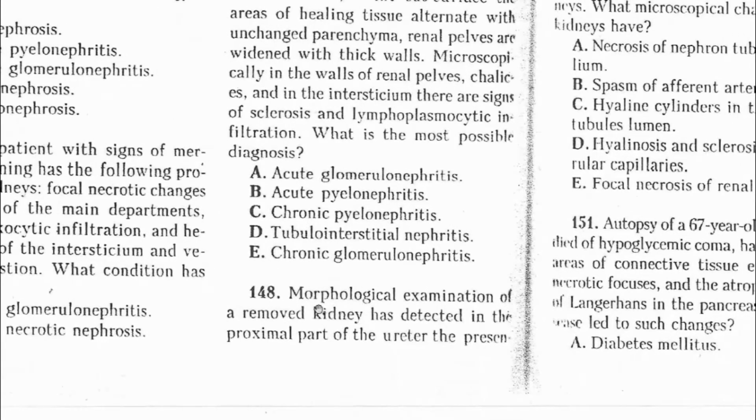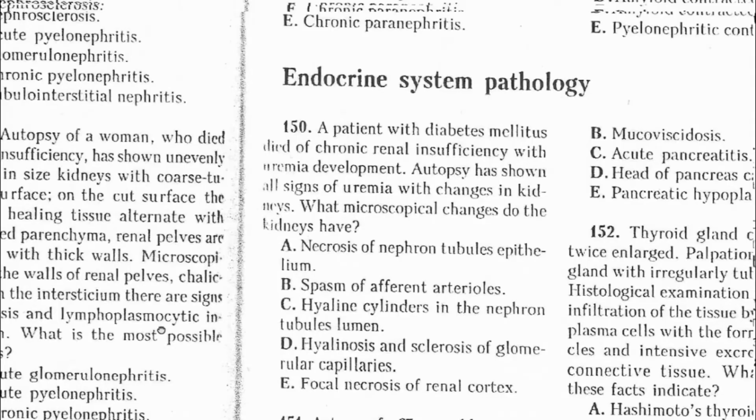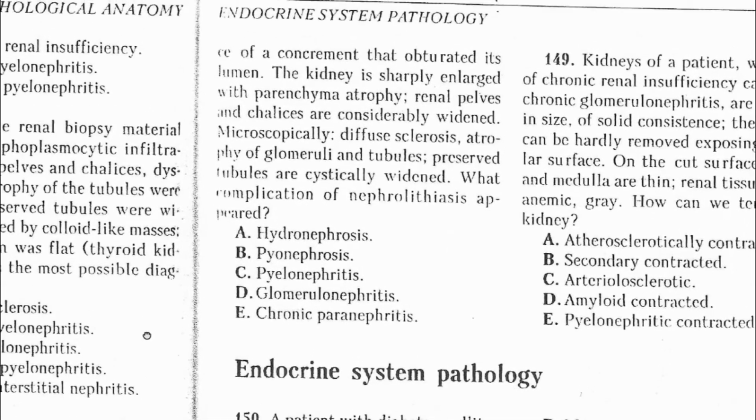48. Morphological examination of a removed kidney has detected in the proximal part of the ureter the presence of concrement that obstructed its lumen, that's like a stone. The kidney is sharply enlarged with parenchymal atrophy. Renal pelvis and calyces are considerably widened. Microscopically, there is diffuse sclerosis, atrophy of glomerular and tubules.